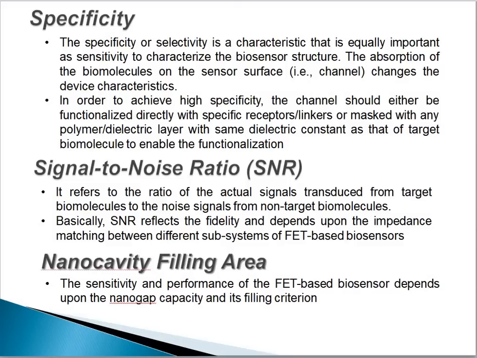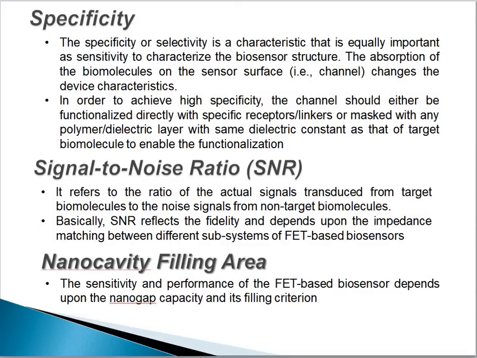In order to achieve high specificity or selectivity, the channel should either be functionalized directly with the specific receptor or linker, or masked with a polymer dielectric layer with the same dielectric constant as that of the target biomolecule to enable the functionalization. Which means if you are using label-based detection, you have to use a specific receptor or linker which has the same dielectric constant as that of the target biomolecule to enable the functionalization.